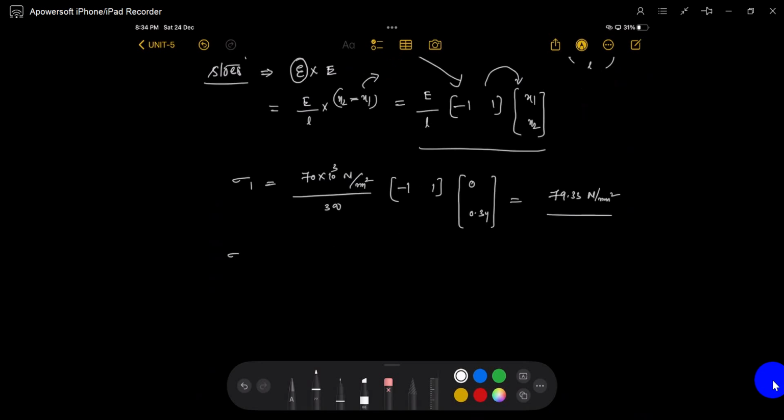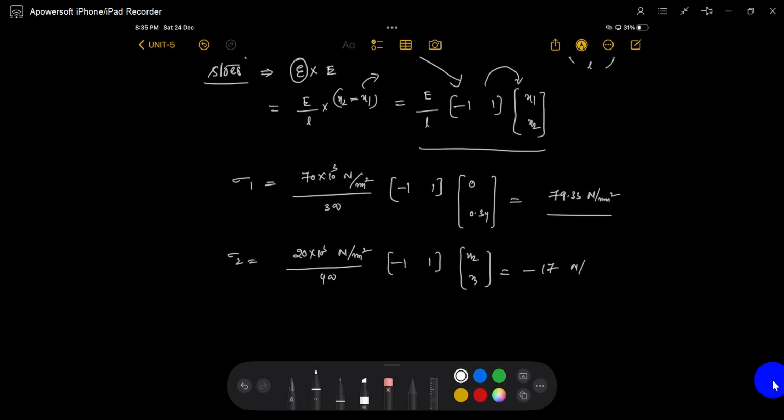So element 2: 20 into 10 cube Newton per mm square divided by 400, times [-1 1], times u2 u3. Element 2 is u2 u3. What is that value? This value is 17 and minus.